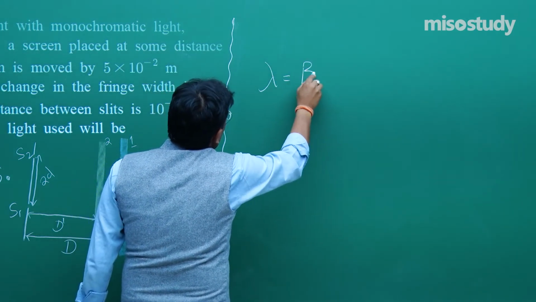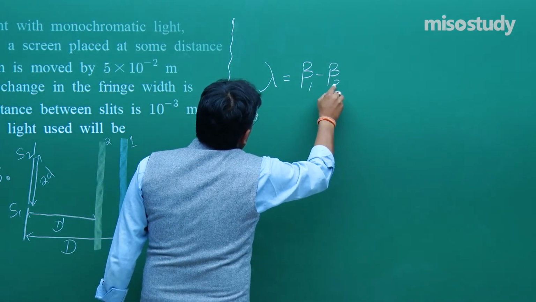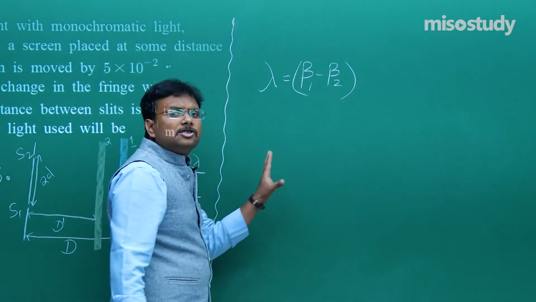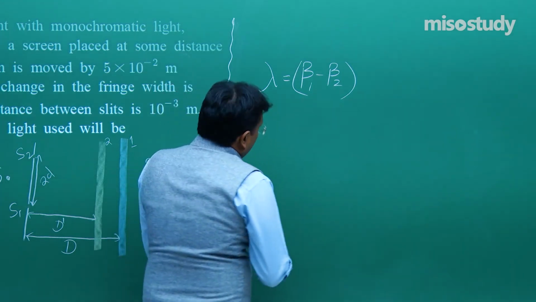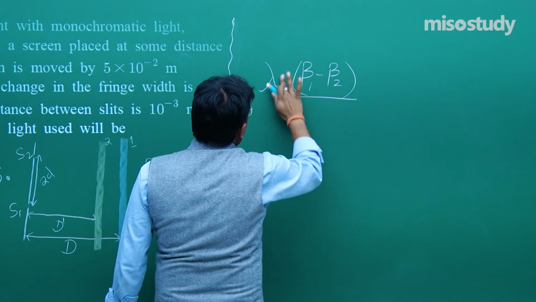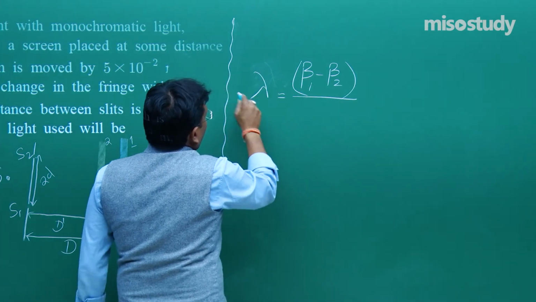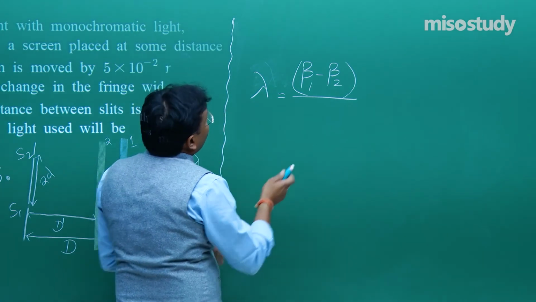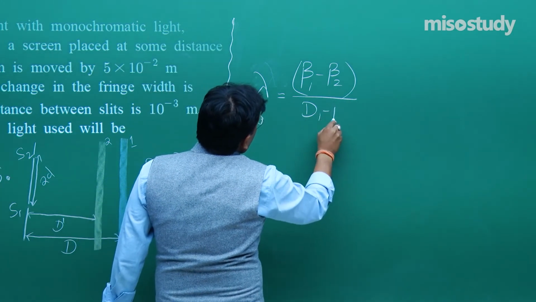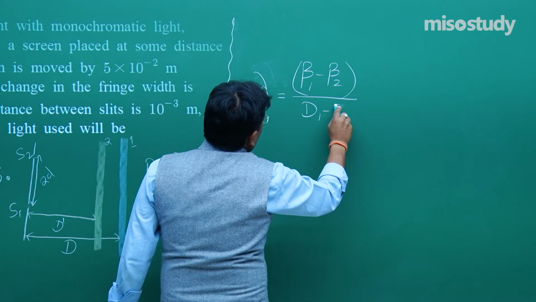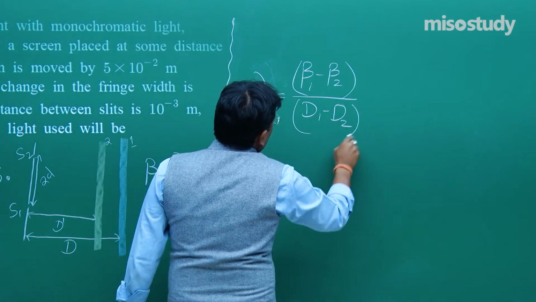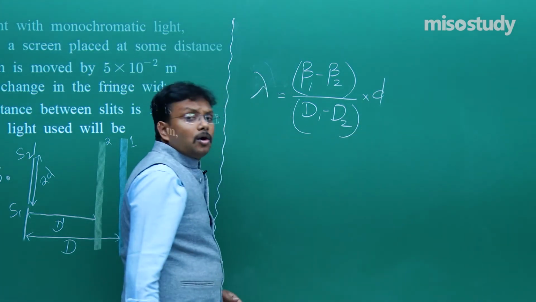Lambda is equal to beta 1 minus beta 2, simply arrangement of the terms, nothing else. Fine. Upon D1 minus D2, into d or 2d.